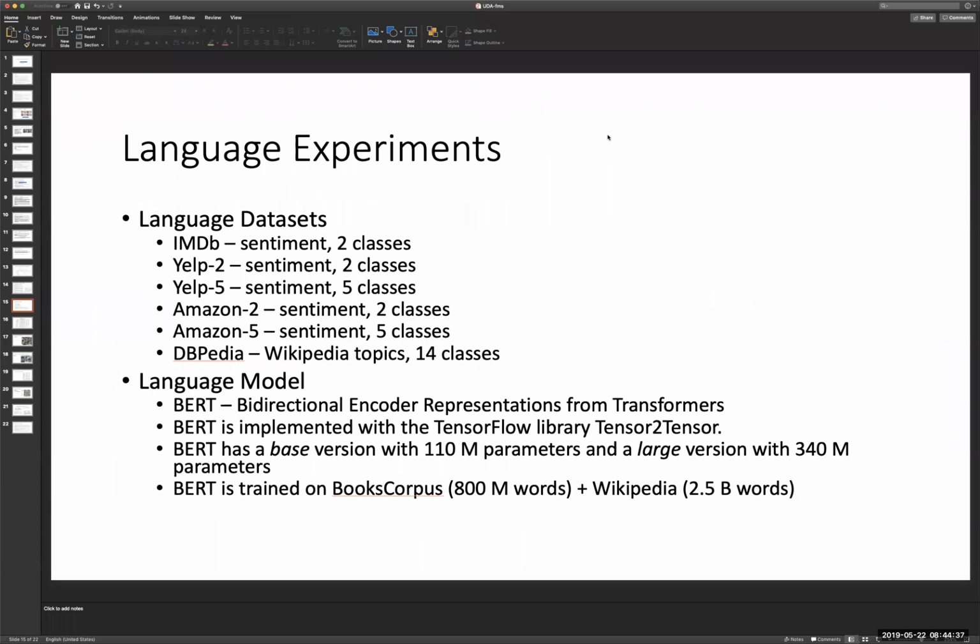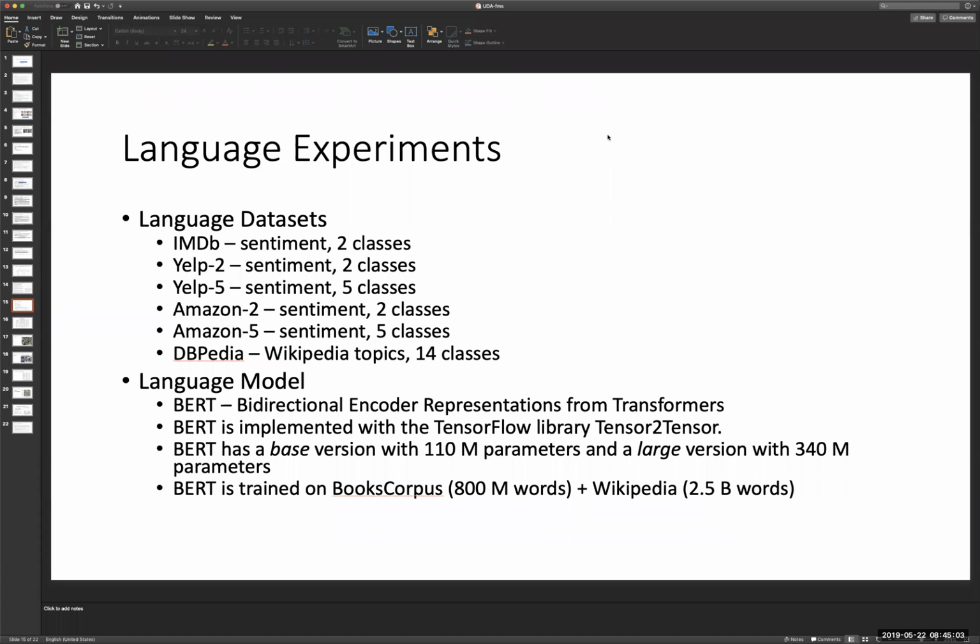So the last part of the presentation and the paper is going to be on the results of experiments. And the first thing we'll cover are the language experiments. So there are 6 data sets used in the language experiments. IMDb, Yelp 2 and 5, Amazon 2 and 5, and DBpedia.